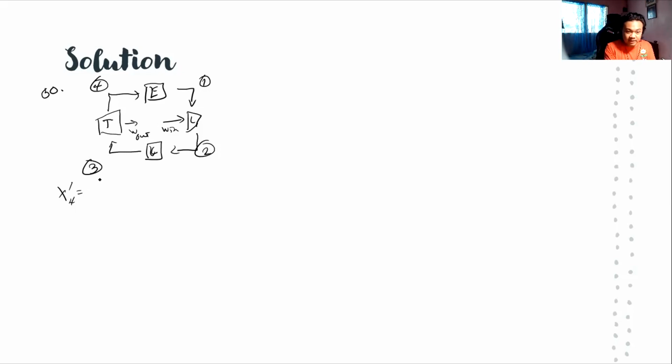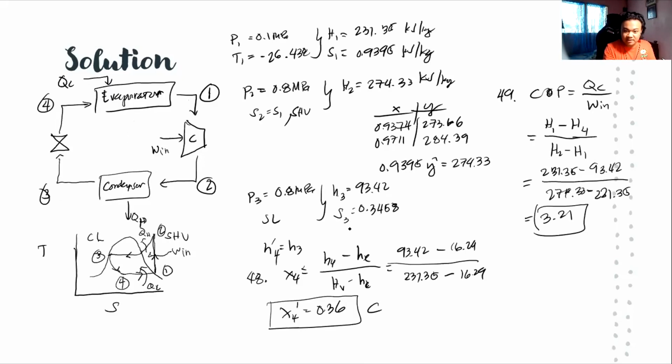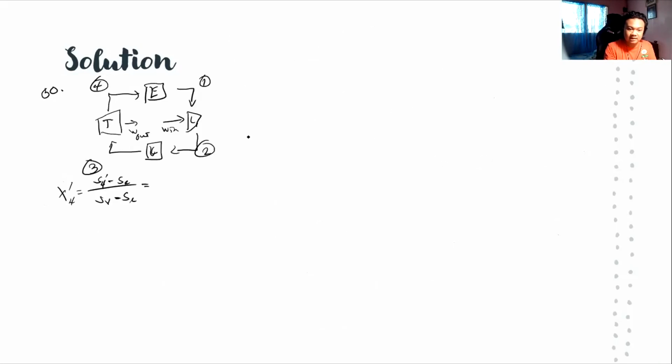So this formula repeats again. S4, as you can see, S3 is here, di ba? S4 is equal to S3. So S4 prime is equal to S3.